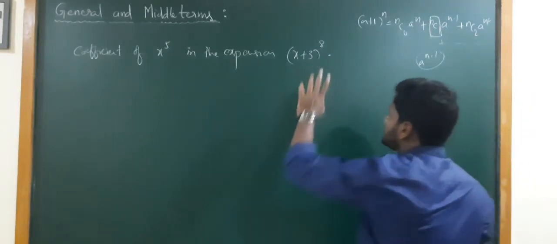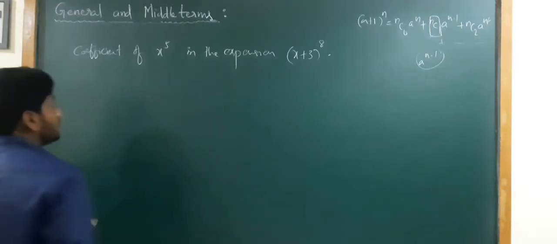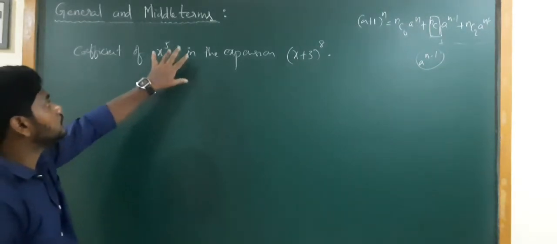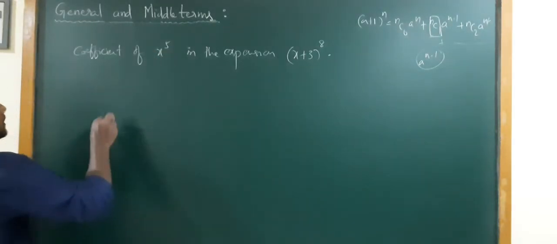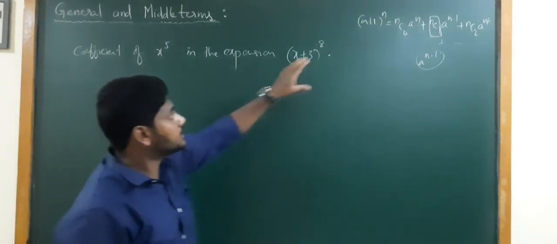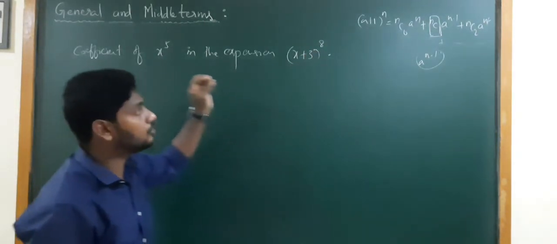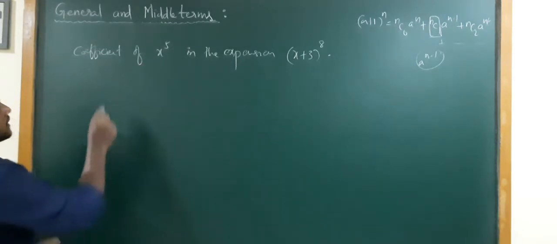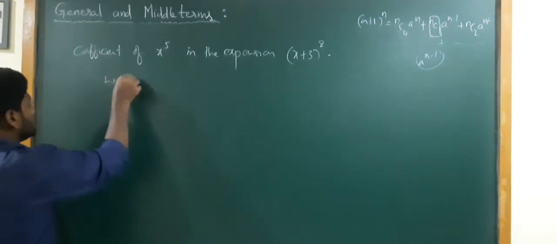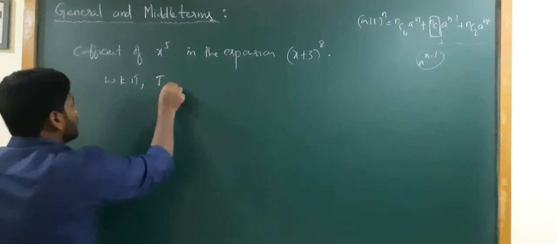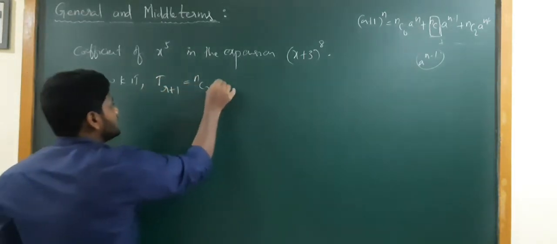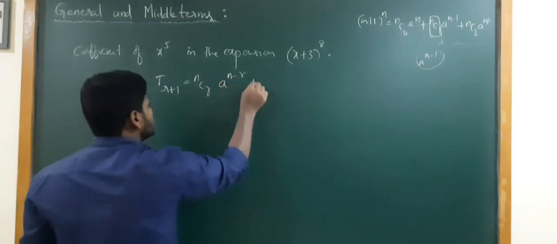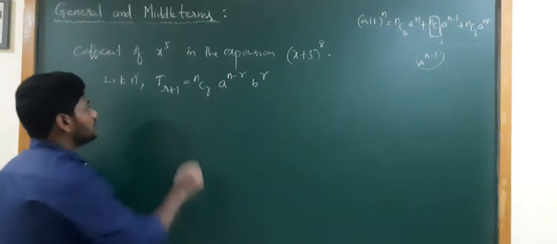Like that, in this expansion (x plus 3) whole to the power of 8, what may be the coefficient of x to the power of 5? See here, no need to expand the whole binomial, no need to expand. By using the general term, we will find that. And we know what the general term is: T(r plus 1) is equal to nCr a to the power of n minus r into b to the power of r.